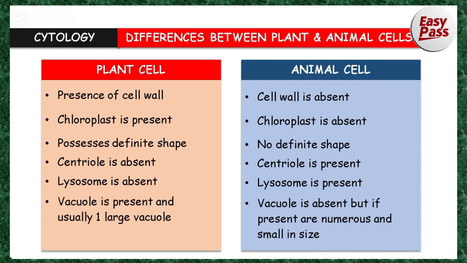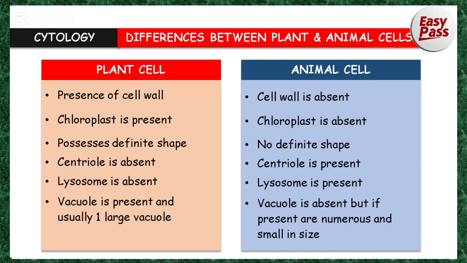Vacuole is absent, but if present are numerous and small in size. Put it like that. So those are major differences between plant and animal cells.